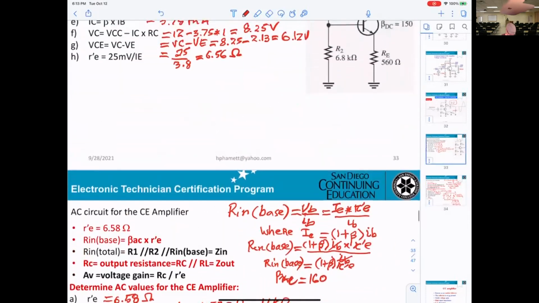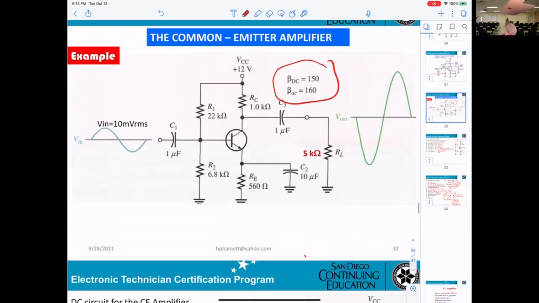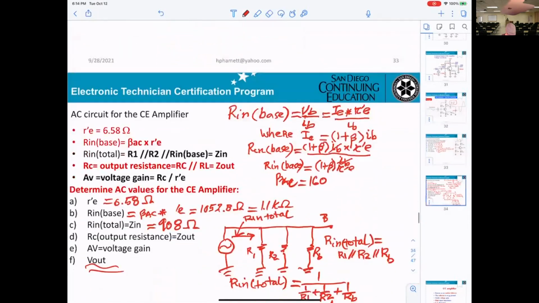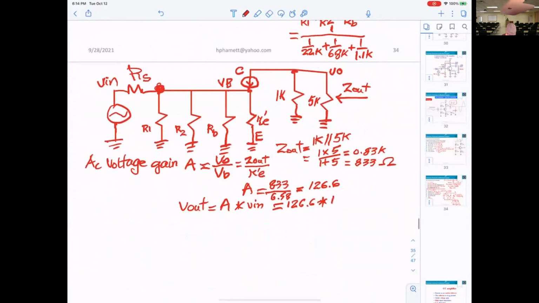Let's see what V in they gave you: 10 millivolt RMS. So the output will be 1266 millivolt RMS, or 1.3 volt.